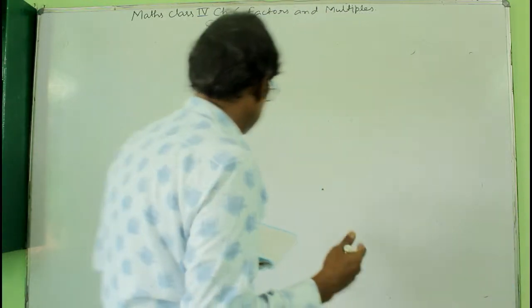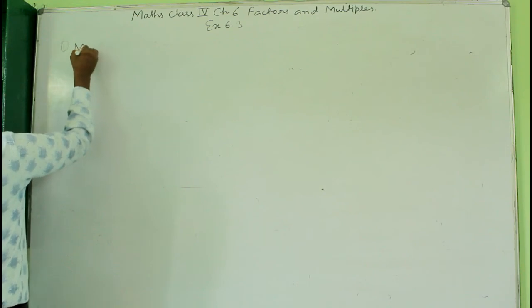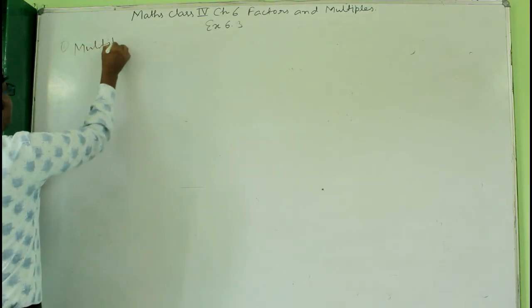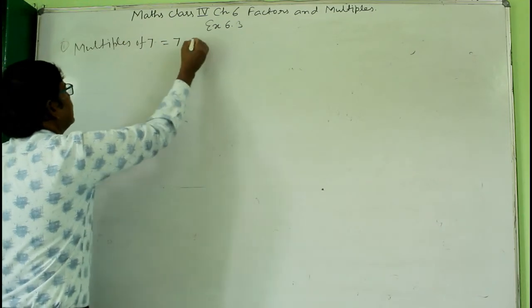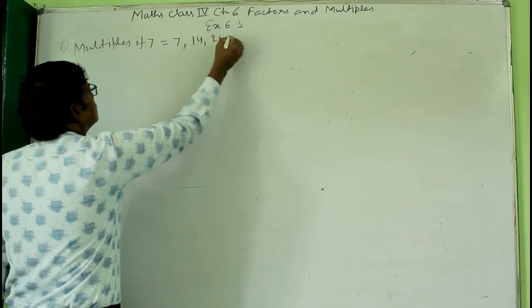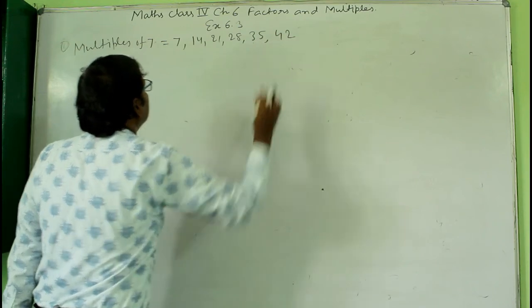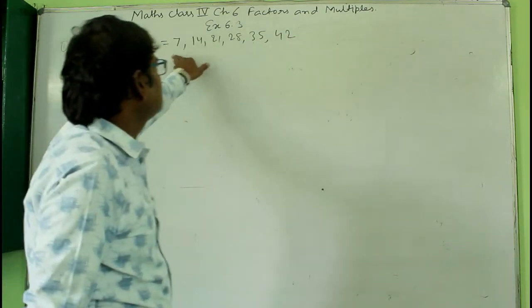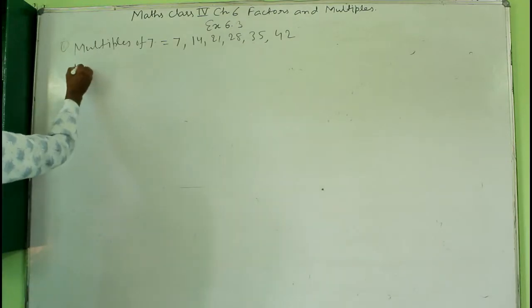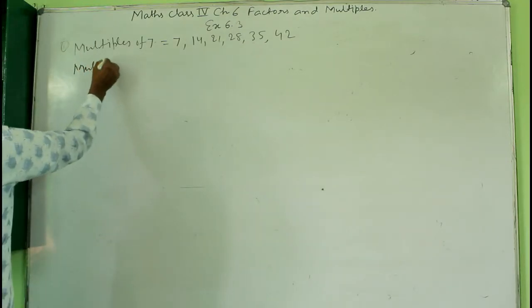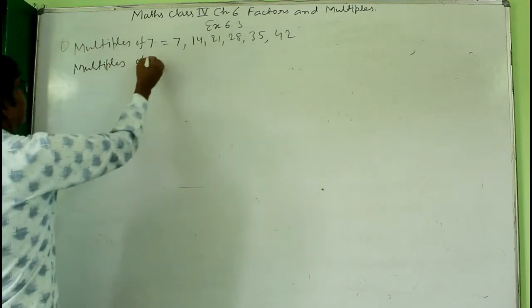So write the multiples of 7 equal to, okay, so these are the first 6 multiples of 7. And then multiples of 14.